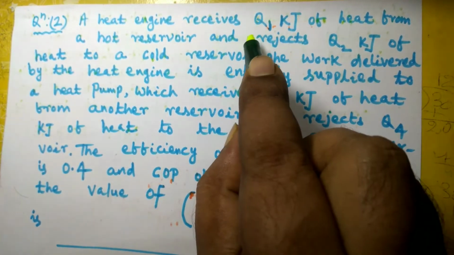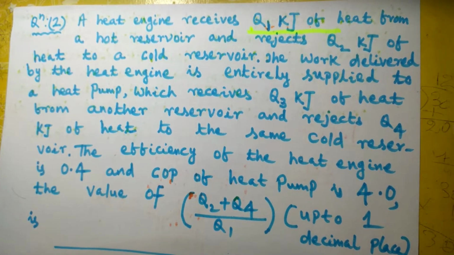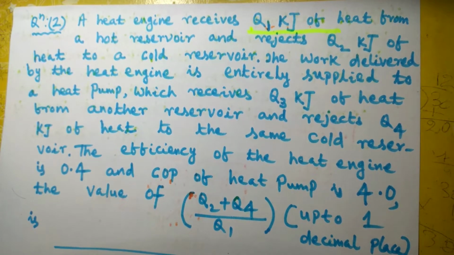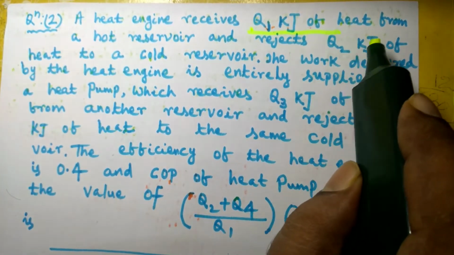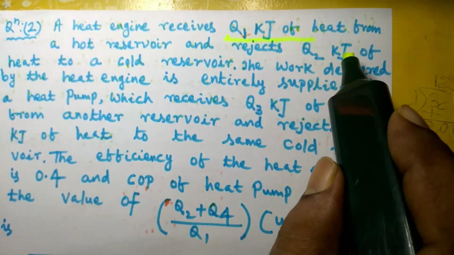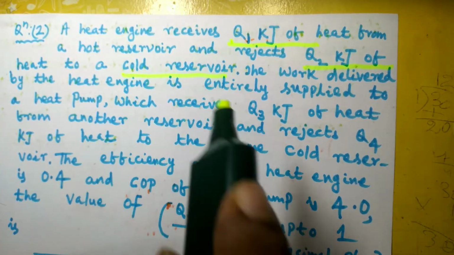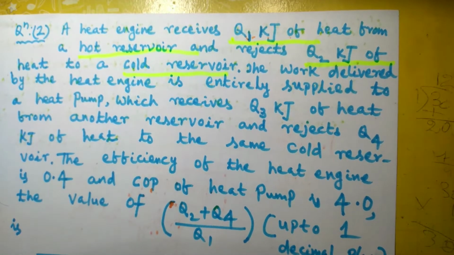A heat engine always converts a fraction of the heat that it absorbs from the high temperature source into work output. So it absorbs Q1 kilojoule of heat from a hot reservoir, or source, and rejects Q2 kilojoule of heat to a cold reservoir, that is the sink. Hot reservoir is source and cold reservoir is known as sink.